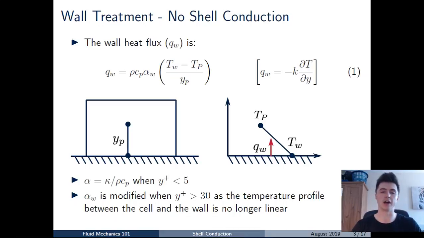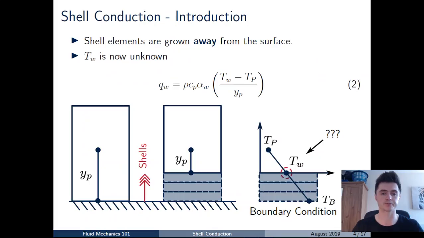We modify it so that the product of alpha and the temperature gradient gives us the correct heat flux. So this is the standard treatment for a fluid cell connected directly to a wall with no shell conduction. So what happens when we introduce shell conduction into the model?